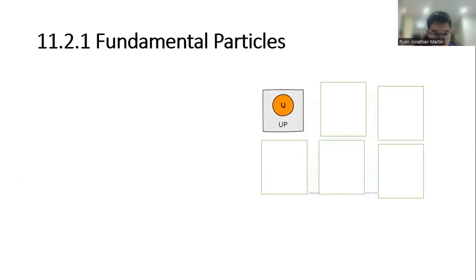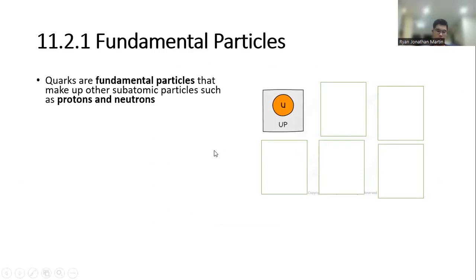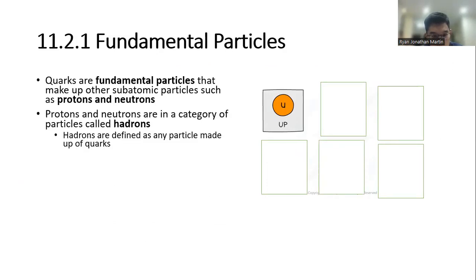More important, up, you can call it U. Quarks are fundamental particles that make up the subatomic particles such as proton and neutron. So you can find the quarks or antiparticle fundamental particles in proton and neutron. Proton and neutrons are in the category of particles called hadrons.